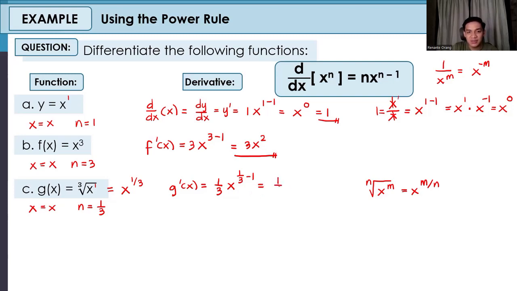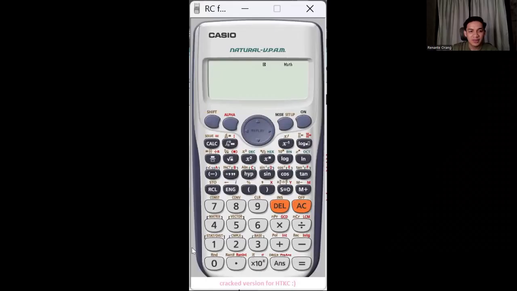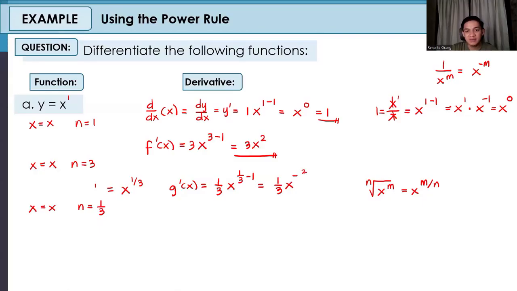We have 1/3 x. 1/3 minus 1 is equivalent to, let us use our calculator. We have 1/3 minus 1 equals negative 2/3. Sulat natin, negative 2/3. So, kung ayaw mo magamit ng calculator, we have 3 multiplied by 1 is 3, minus 1 is 2. So, negative 2/3.